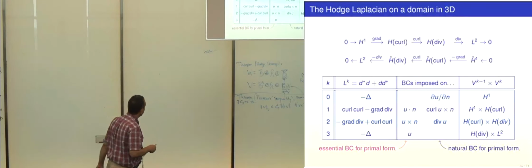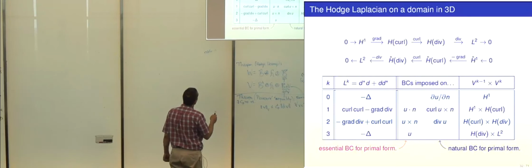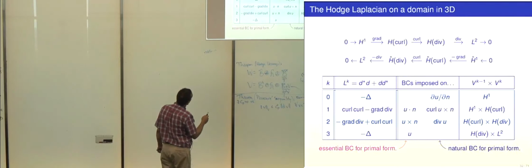It's a positive definite operator. And the boundary conditions that you get are, well, you get boundary conditions by forcing something to be in d star. The function has to be in d star, and d of it has to be in d star. So the function being in d star for zero forms doesn't tell us anything. But gradient has to be in H0 div. That's where we get the du dn.